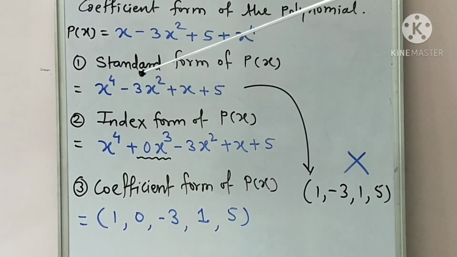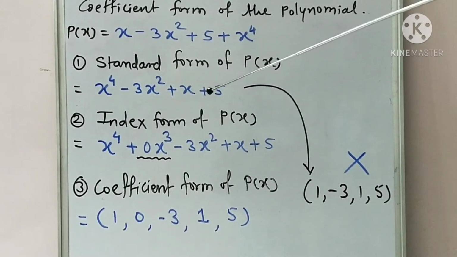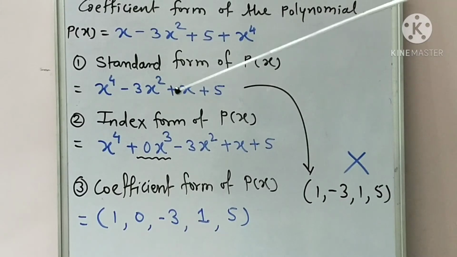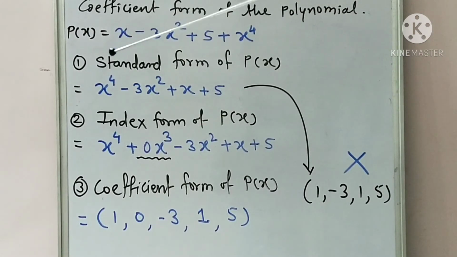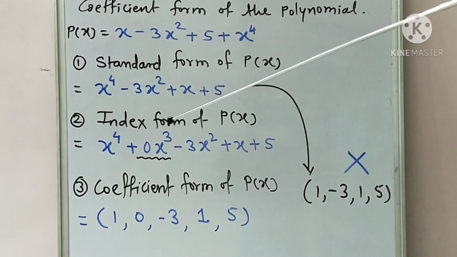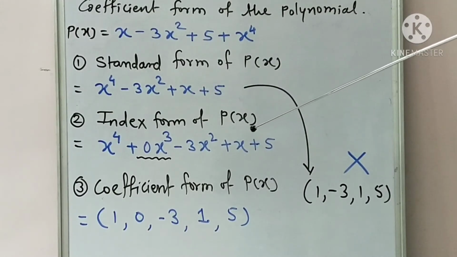If you write only the standard form of the polynomial and directly write its coefficient form as 1, minus 3, 1 and 5, it is wrong. So to write the coefficient form of a given polynomial, the index form is very important, students.